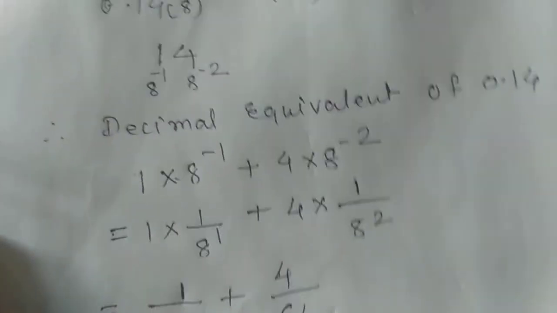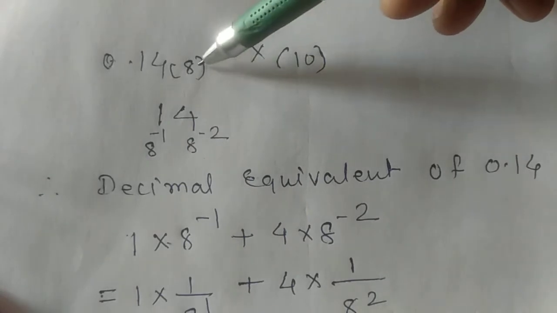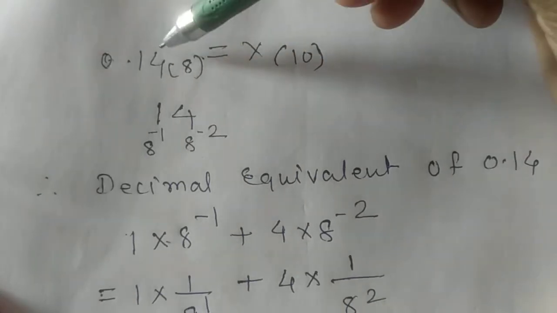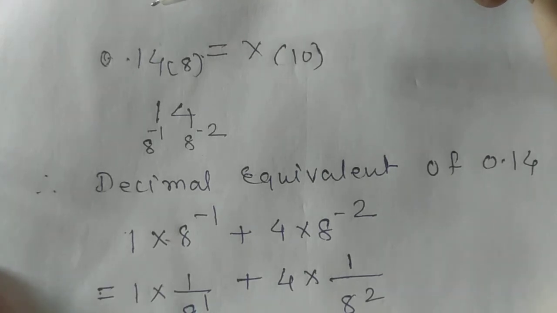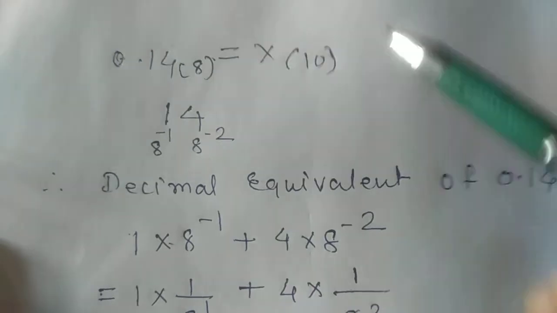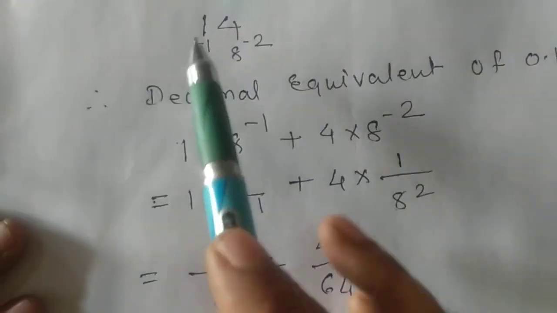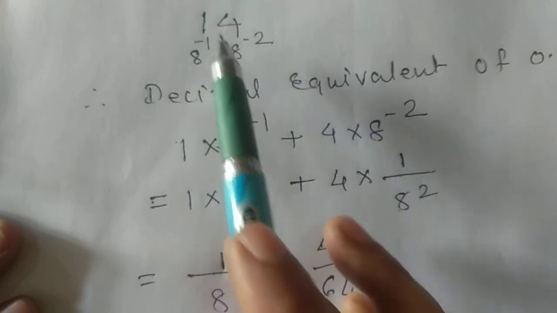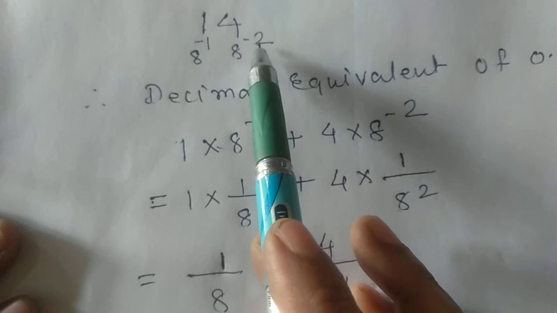Once again we'll repeat. The octal number they have given is fractional. It is less than 1. It is written in terms of a point and the next number, 0.14. Now x base 10 you have to write; x we have to find out. For finding x you write 1 4 for our convenience. Now from the left you write 8 raised to minus 1 and 8 raised to minus 2.